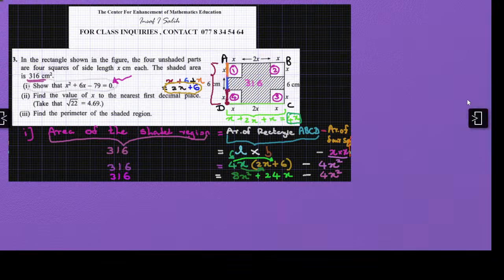We have 316 equals, let's simplify the right hand side.